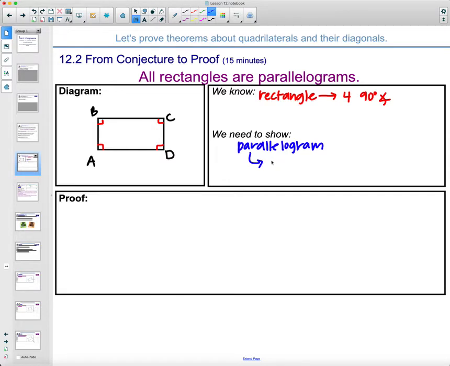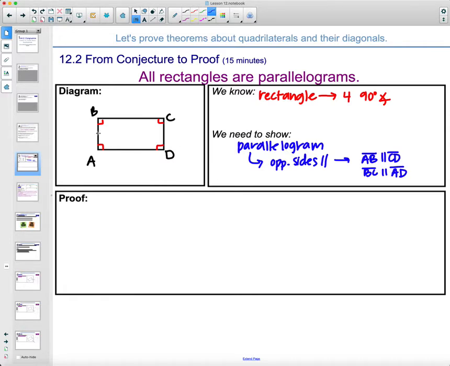You do that by showing that both pairs of opposite sides are parallel. So you want to show that opposite sides are parallel. In this diagram, that would mean that you're showing that AB is parallel to CD, the one across from it, and that BC is parallel to AD, the one across from it.